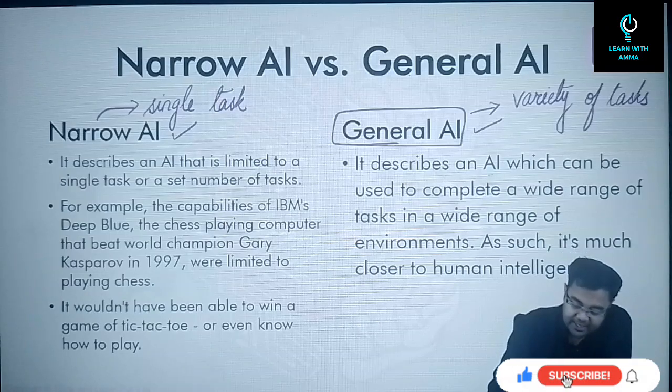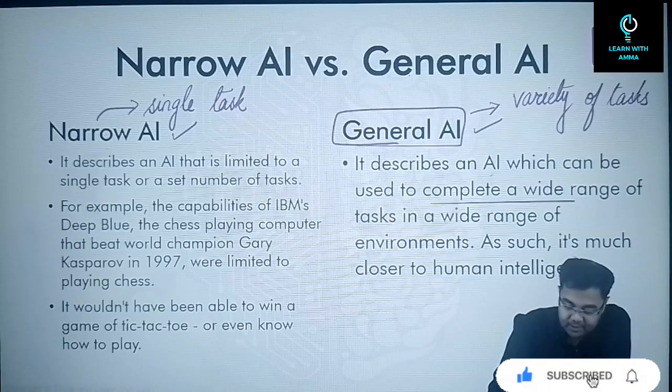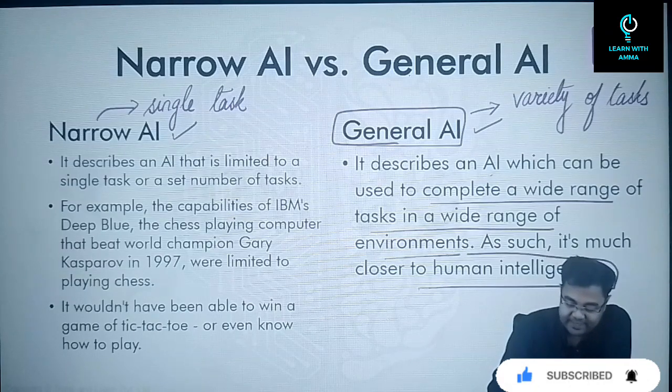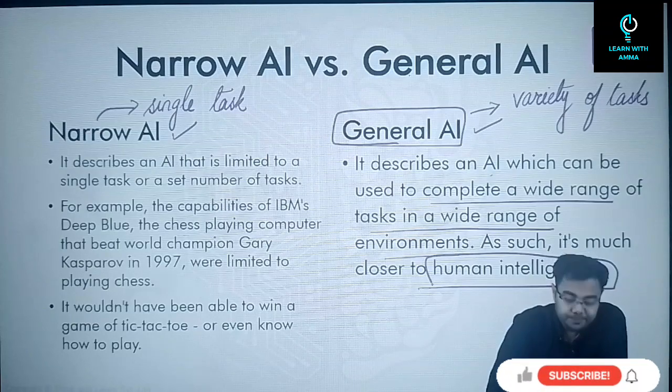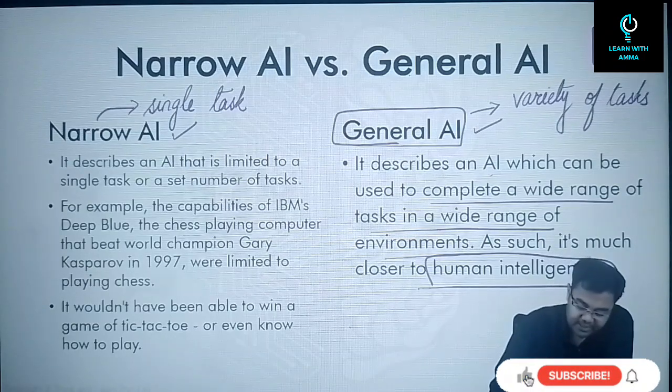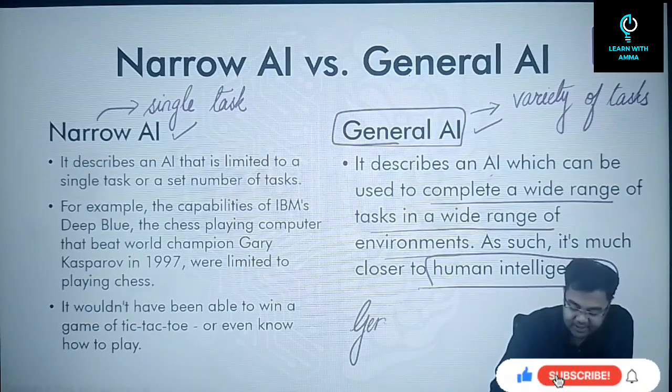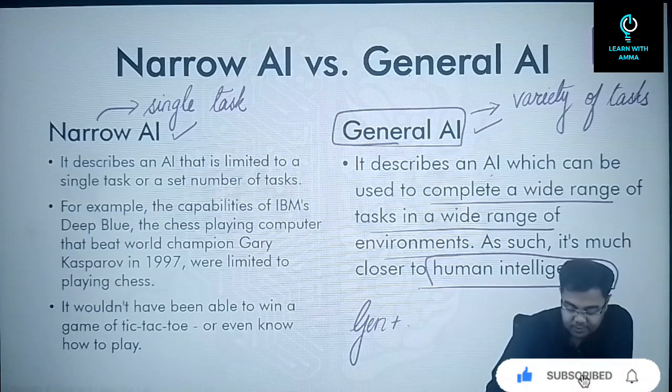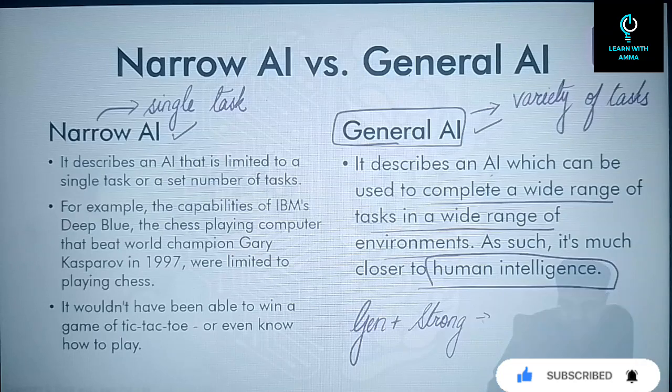It describes an AI which can be used to complete a wide range of tasks in a wide range of environments. As such, it's much closer to human intelligence. So in a manner, you can say that if we combine general AI and strong AI, then we get something which can actually be called super intelligence.